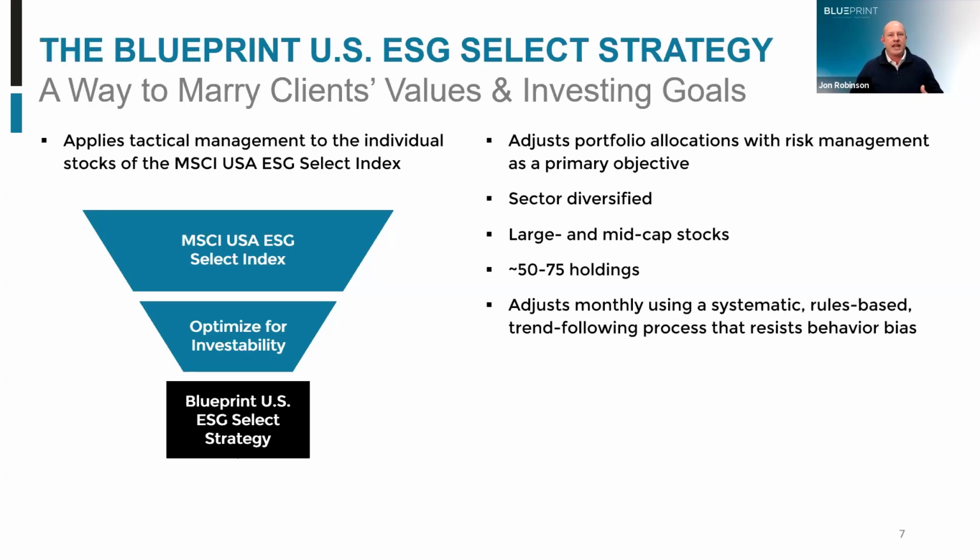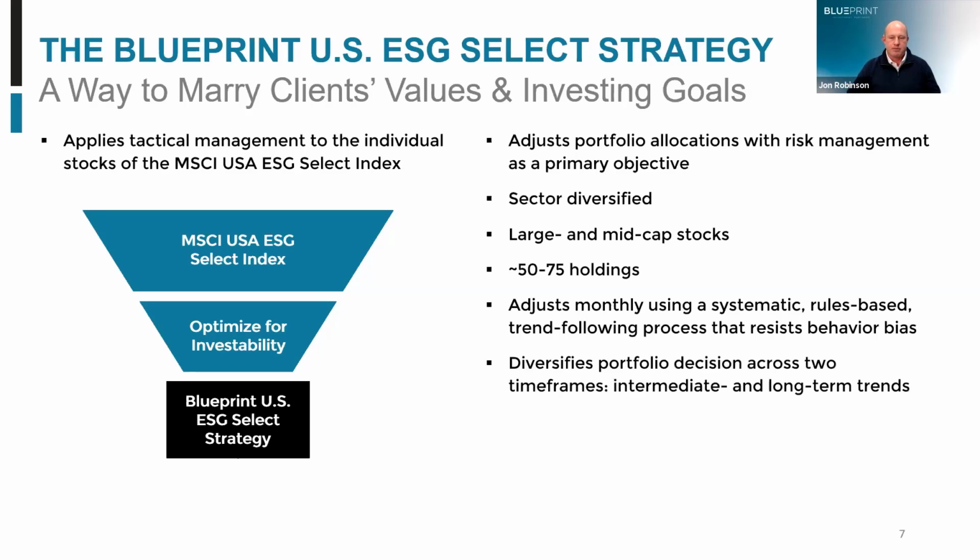The asset allocation or rebalancing is risk-based, and it happens monthly using a systematic rules-based trend following approach that allows us to protect against catastrophic loss and at the same time resist and hopefully avoid behavioral bias. And the trend following is implemented with two speeds or two time frames: the intermediate term time frame and the long-term time frame.